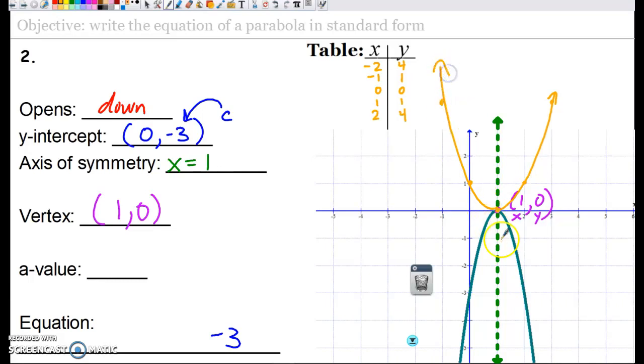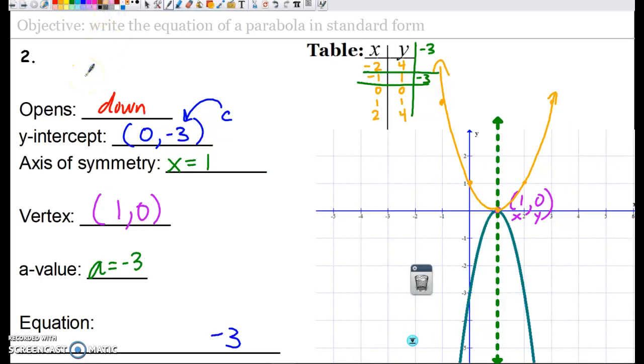My parabola at the bottom here does not go that way. Instead of going negative 1, up 1, I go negative 1, down 3. So that makes it pretty easy to see that my a value, I went over 1, down 3. What would I have to multiply this 1 by to get negative 3? Well, negative 3. The a value has to be negative 3.